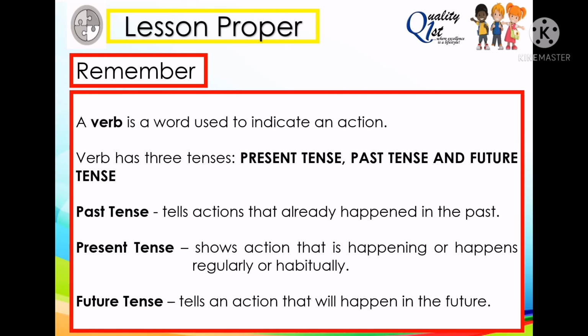Past tense tells actions that already happened in the past. Present tense shows action that is happening or happens regularly or habitually. And for future tense, it tells an action that will happen in the future. Alright, kids? Well done!